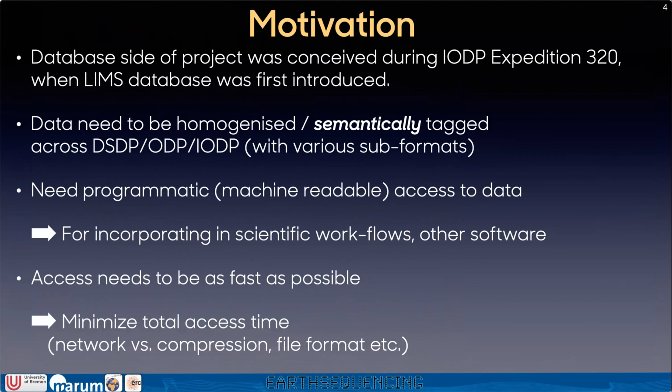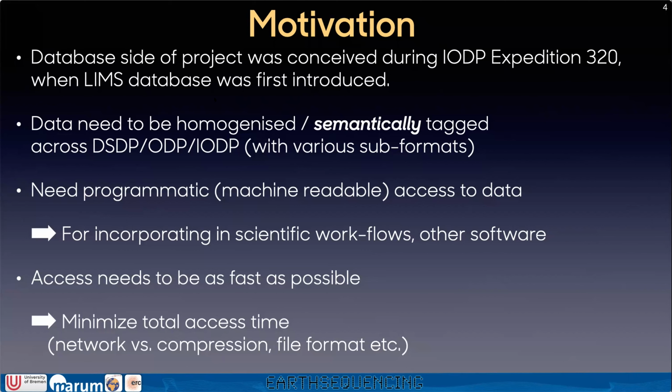I think that's when LIMS started, and we had a lot of trouble with LIMS originally because it was very easy to get data in, I think, but it was almost impossible to get anything out again in a quick way. That was one of the motivations to start off. But I mentioned already that in order to make progress on an integrated analysis from different data sets and sites, one needs programmatic or machine readable access to data.